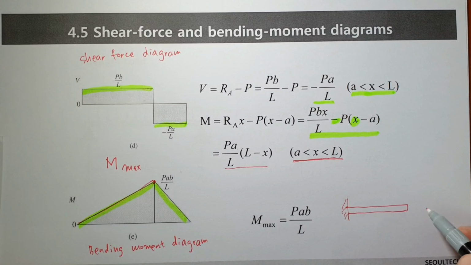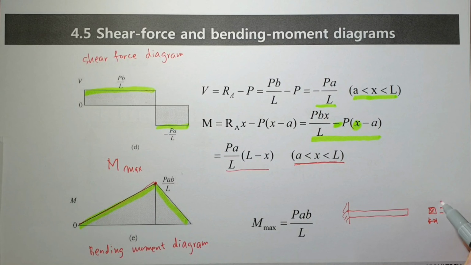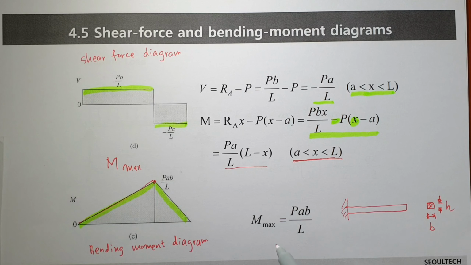When you think about a cross section of beam element is like this one, maybe we should find this dimension. In order to find this dimension, B or H, the maximum bending moment plays a very important role.